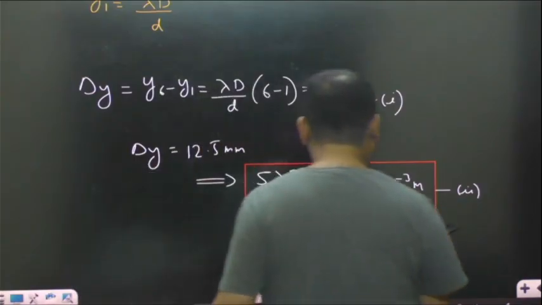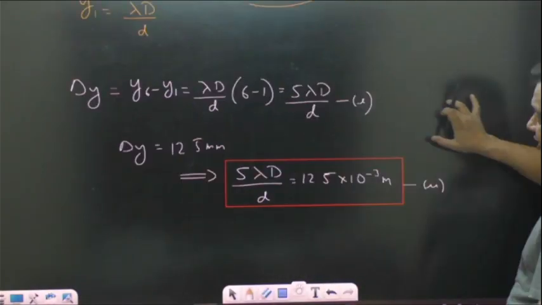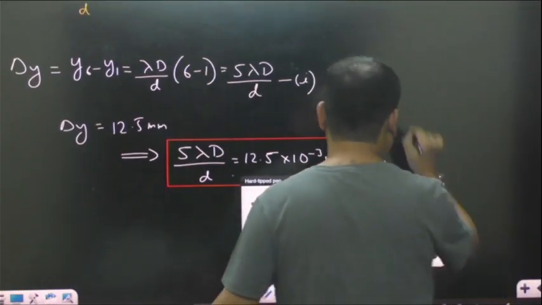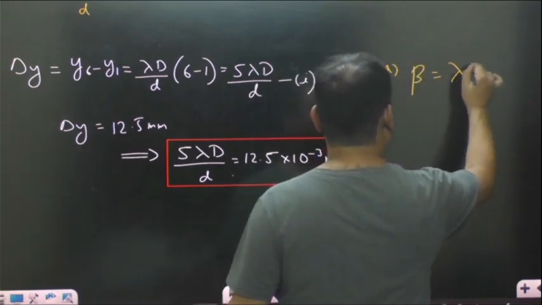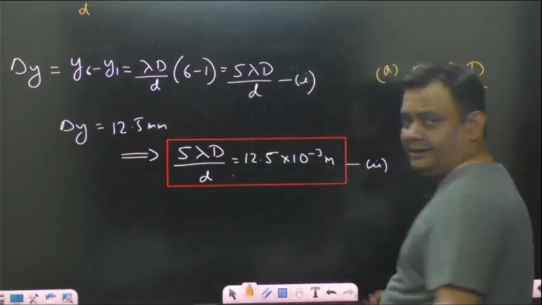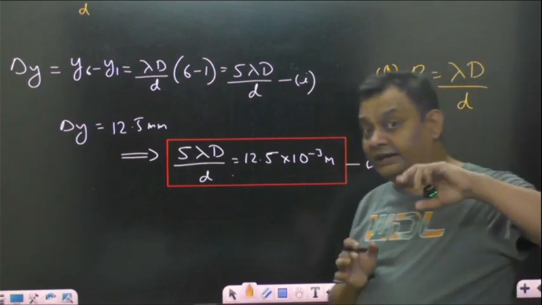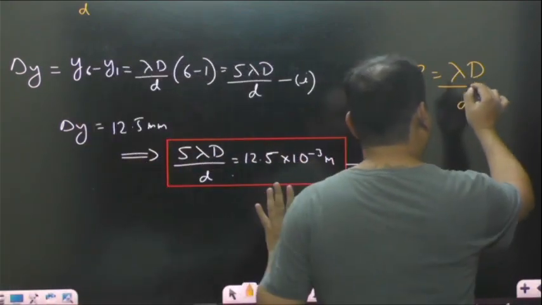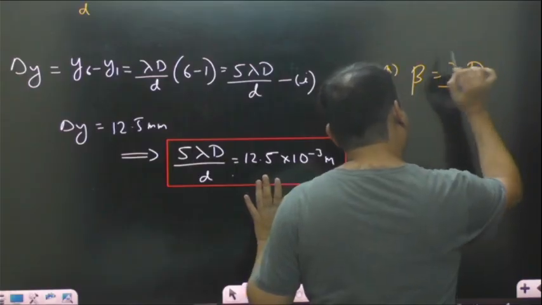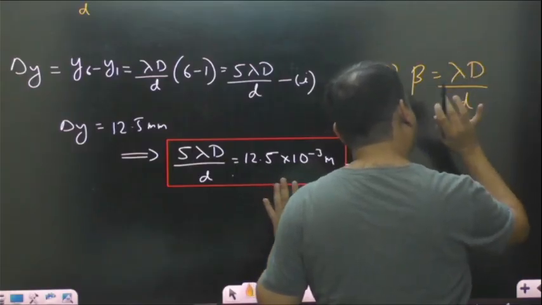Now the first part of the problem demands the fringe width or the bandwidth. So the bandwidth has a formula lambda capital D by small d. Okay, so when you need to find the bandwidth, is it possible? We don't know lambda, we don't know D, we don't know small d individually.